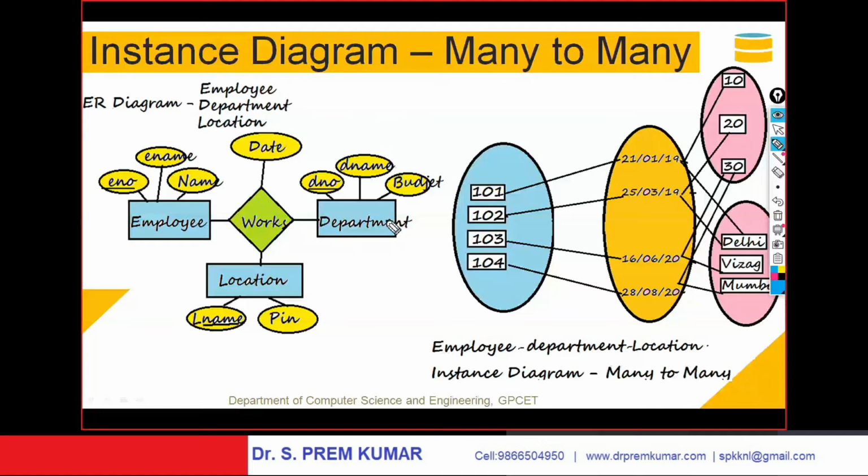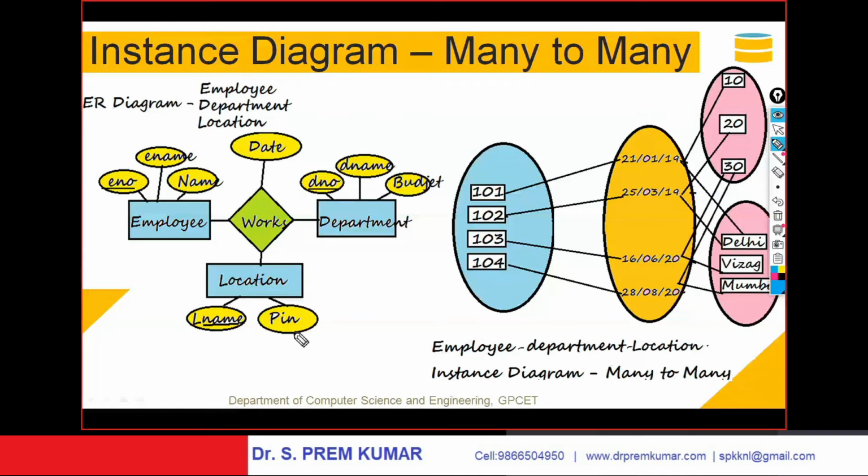Employees work for departments, but departments are not at one location. Some departments are at Delhi, some at Mumbai, some at Vizag, and so on. This ER diagram depicts that employees work for departments, which are in some locations. The location is identified by location name and pin.